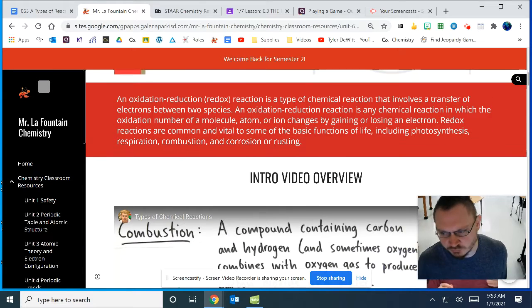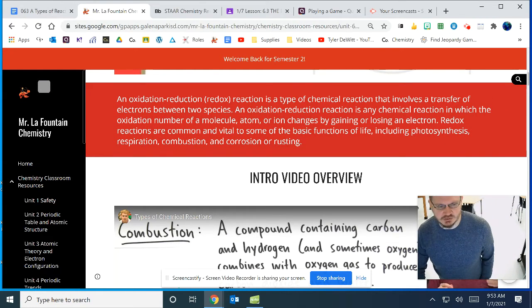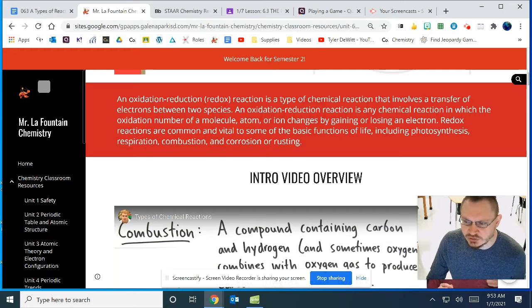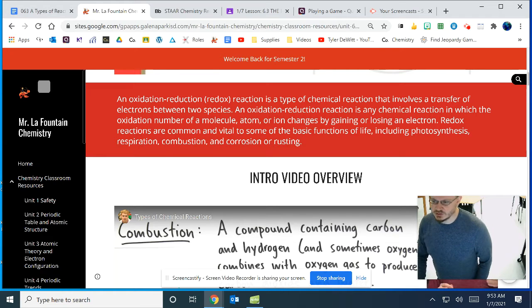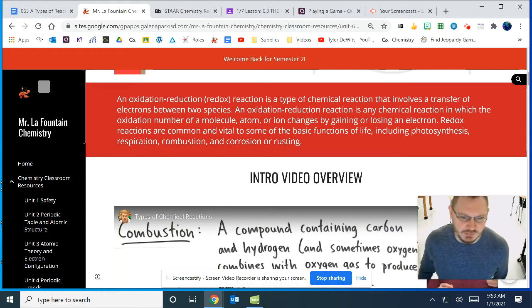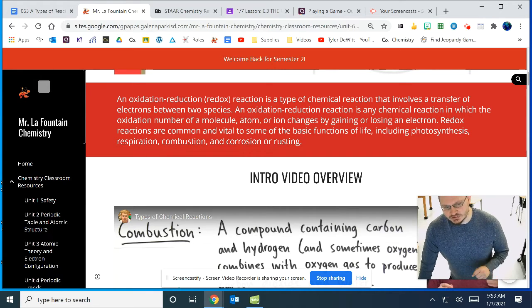All right, so when we talk about redox reactions, we're talking about a reaction that involves a transfer of electrons between two species. So an oxidation reduction reaction is any chemical reaction in which the oxidation number of a molecule, atom, or ion changes by gaining or losing an electron. So what this means is that an element at some point in time needs to change its oxidation number or its charge. Charge is going to be pretty much the same thing as our oxidation number.